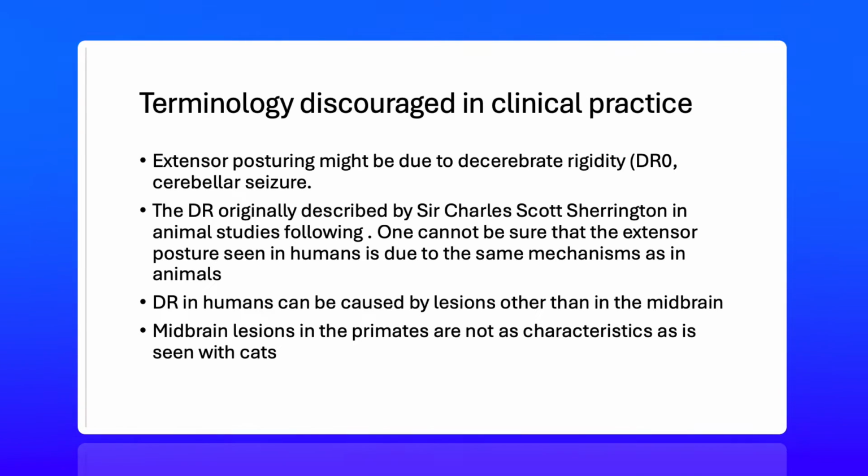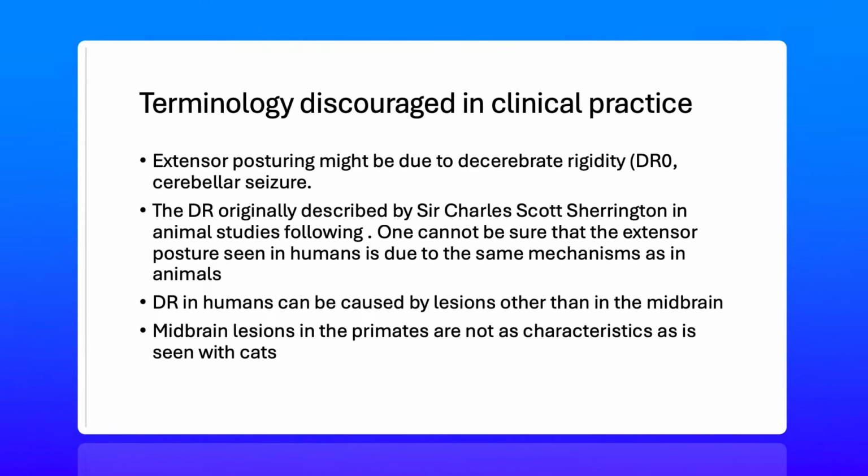The terminology of decerebrate and decorticate rigidity is often discouraged in clinical practice because the extensor posture could be due to different conditions. It might be due to lesion in the midbrain, but it can be due to lesions elsewhere or from medical conditions.